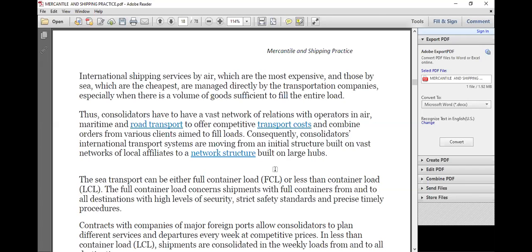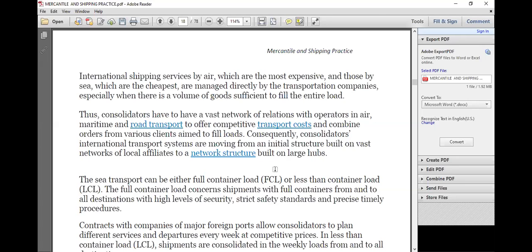Hubs are a common point whereby things come from different directions and converge at that particular point. So sea transport can be either full container load, that is FCL, or LCL.